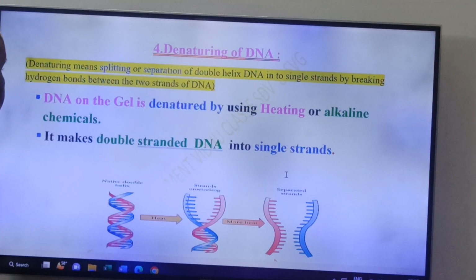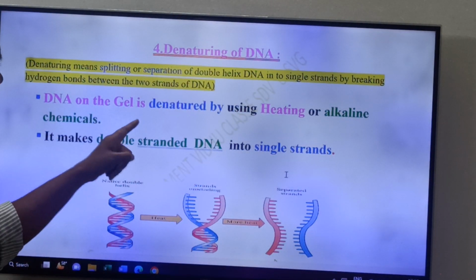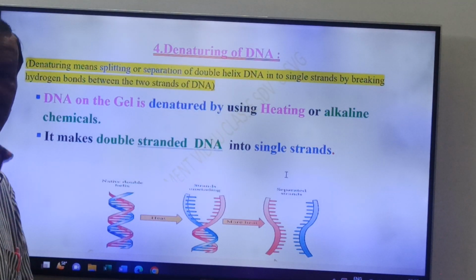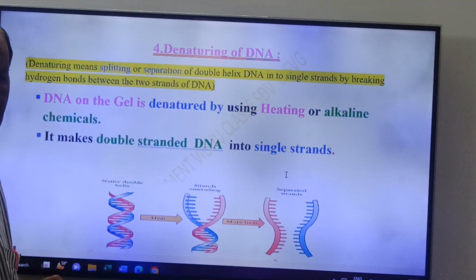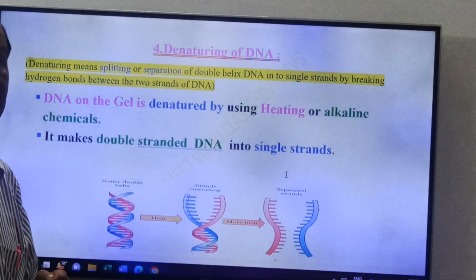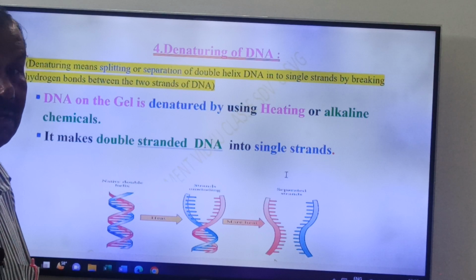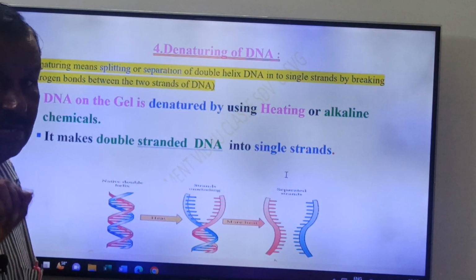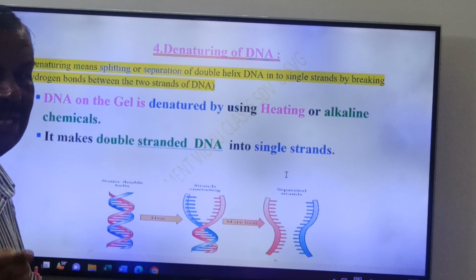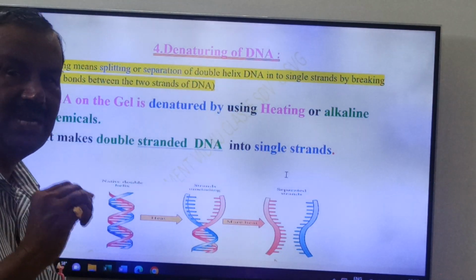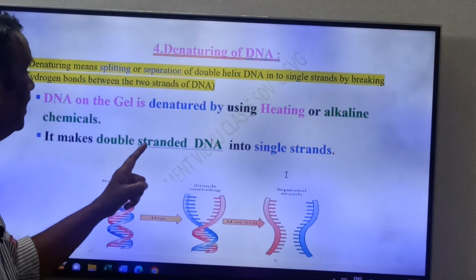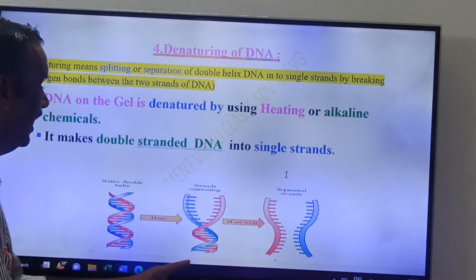See, DNA on the electrophoresis gel is denatured by using heating or alkaline chemicals. Means we are converting the double-stranded DNA into two single-stranded DNAs.